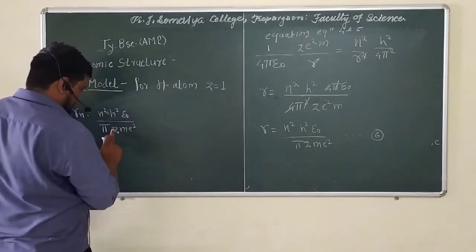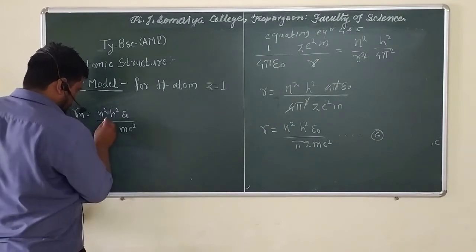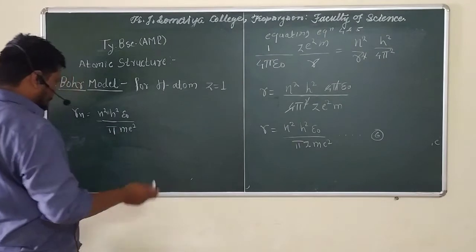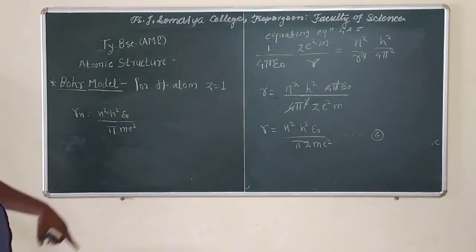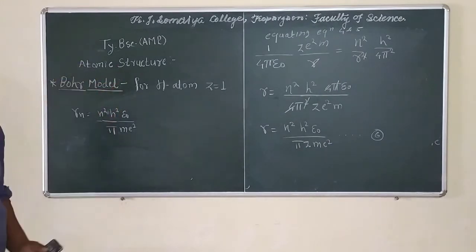Here z is equal to 1, so we erase the z part: pi m e square. Here h square, epsilon naught, pi m e square are all constant factors, and only n, the principal quantum number, varies as 1, 2, 3 and so on.